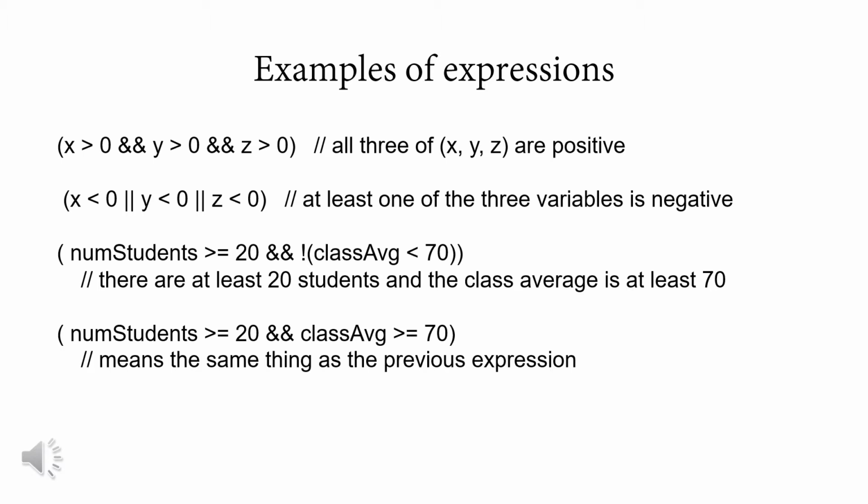In the next example, we have number of students greater than or equal to 20 and the class average not less than 70. That's exactly the same as number of students greater than or equal to 20 and class average greater than or equal to 70.